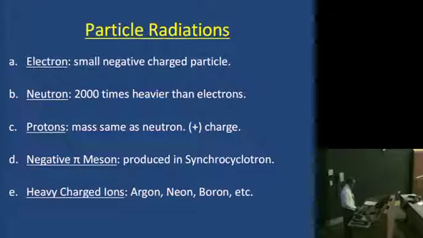The other commonly used charged particle is the proton. Protons are much heavier than electrons, approximately 2,000 times, so they need large accelerators before they can be used for treatment. Neutrons are also used for the treatment of cancer, but the most commonly used radiations are electromagnetic radiation, electrons, and protons.